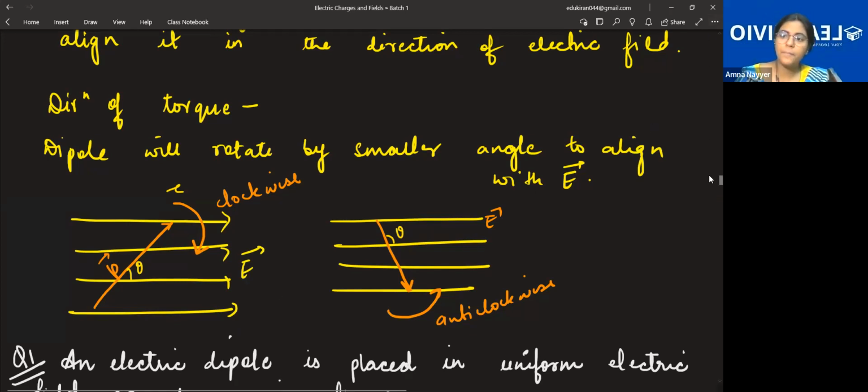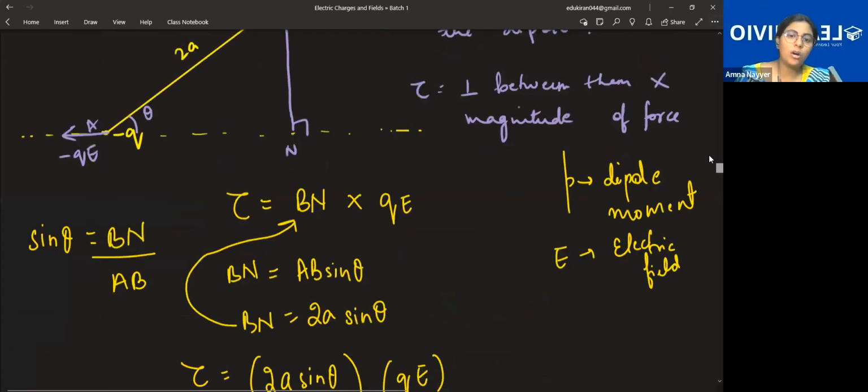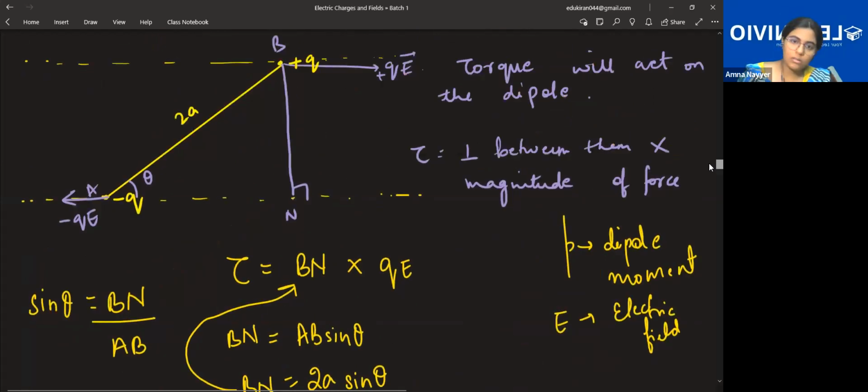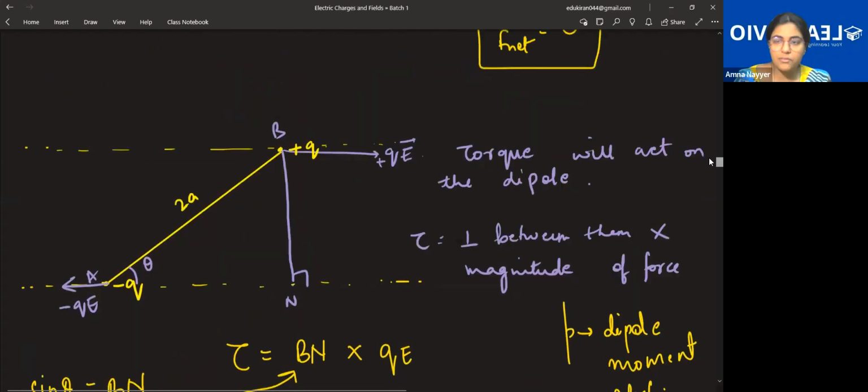All right. Tell me, is the entire torque derivation clear to all of you? Yes, ma'am. All right. See, whenever this question comes, it can come as a 5 marker, and it comes as a 3 marker also. These are the markers I have seen where torque is coming.